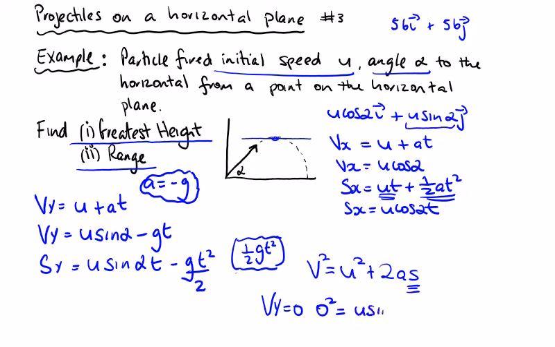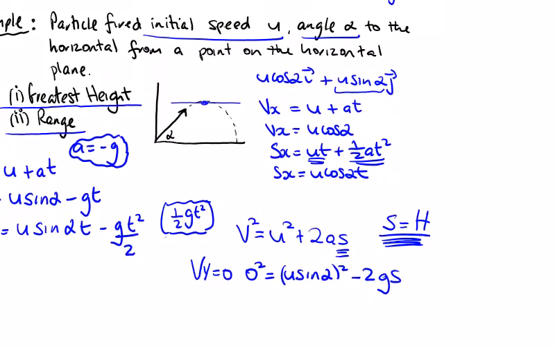So u sine alpha squared, and now it's going to be 2 by a, so that's minus 2gs. You could say that s is equal to this h, this height, but I'm just going to leave it as s. They have h in the book.